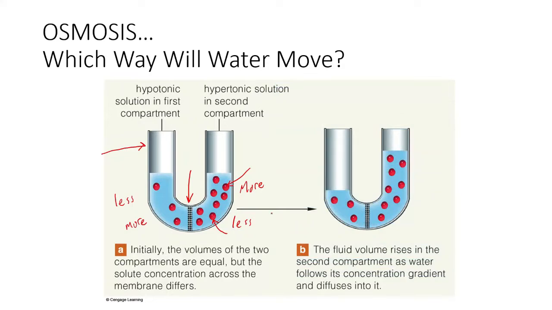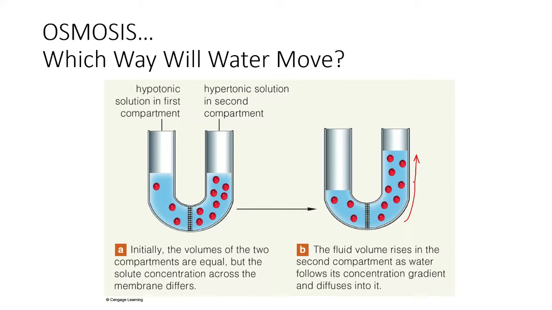Well, it moves to the right, and you notice that it's done so until the concentration on the left equals the concentration of solutes and water on the right. The challenging part about this is, I think, to overcome the mental hurdle that water just sort of levitated against gravity to equalize solute concentrations.